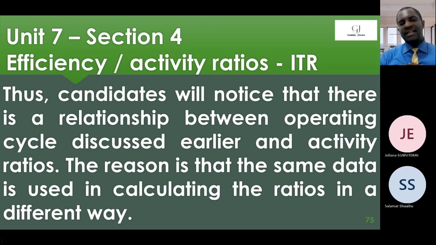So candidates will notice that there is a relationship between the operating cycle discussed earlier and activity ratios. Exactly. The reason is that the same data used in calculating the ratios is the same we use here. It's just that we transpose or juxtapose them, the numerator and the denominator. The denominator comes down to the numerator and the numerator goes back to the denominator, just like that.